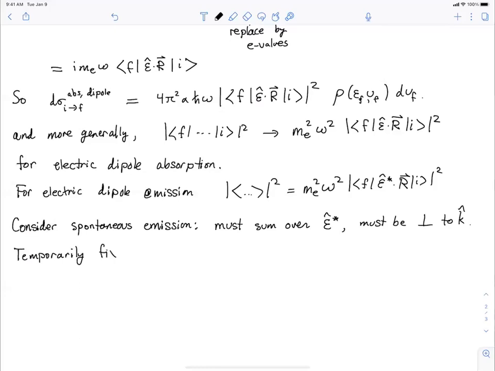So let's temporarily fix the propagation direction of the wave to be z hat. And then our two polarization vectors that we can have are x hat and y hat.